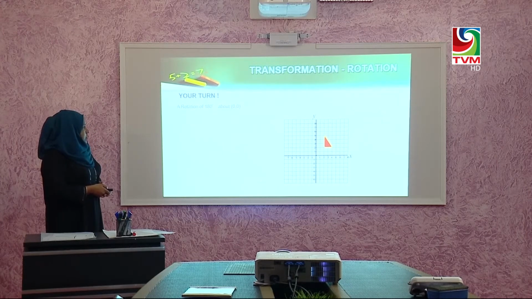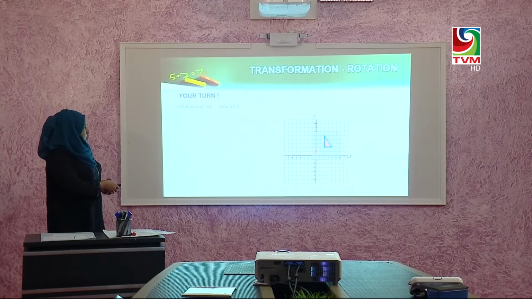So the first thing you are going to do is place a tracing paper over the shape, mark the center of rotation, that is 0, 0. Now you draw a vertical arrow from the center, then you trace the outline of the shape onto the tracing paper.